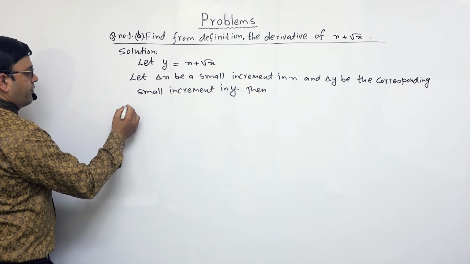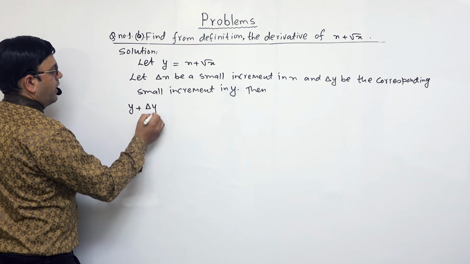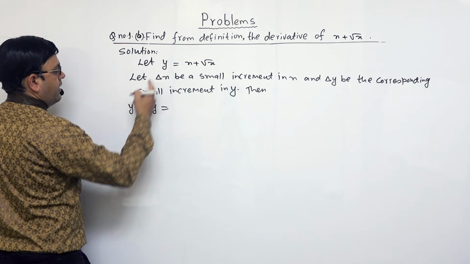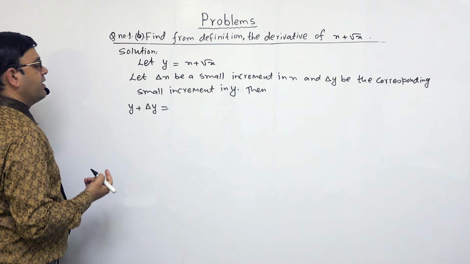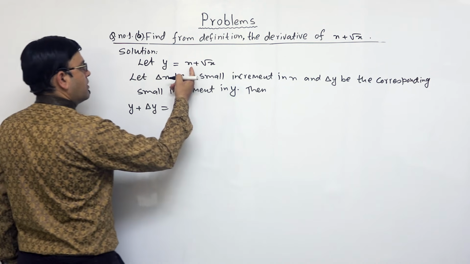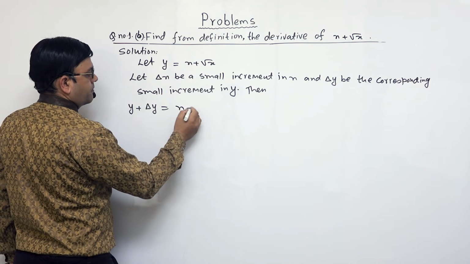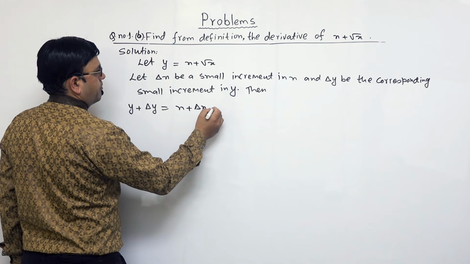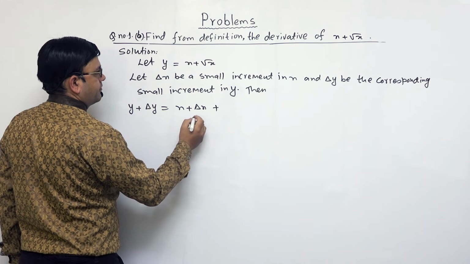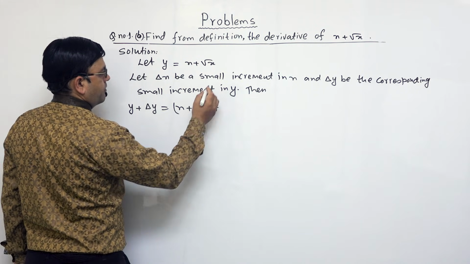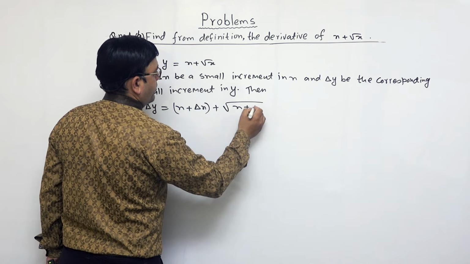Then we have y plus del y is equal to, instead of y plus del y, small increment del y here and then here small increment in del x, so x plus del x plus root under x plus del x here.